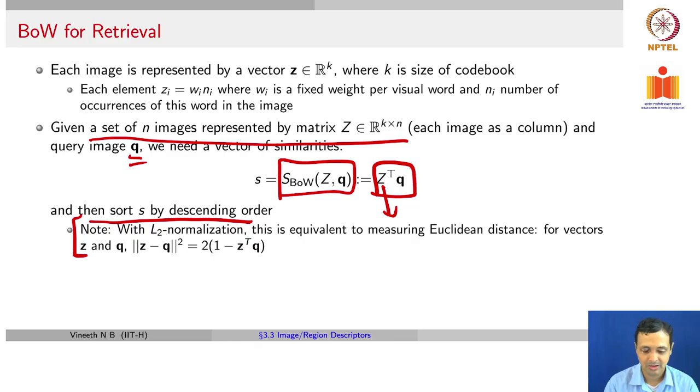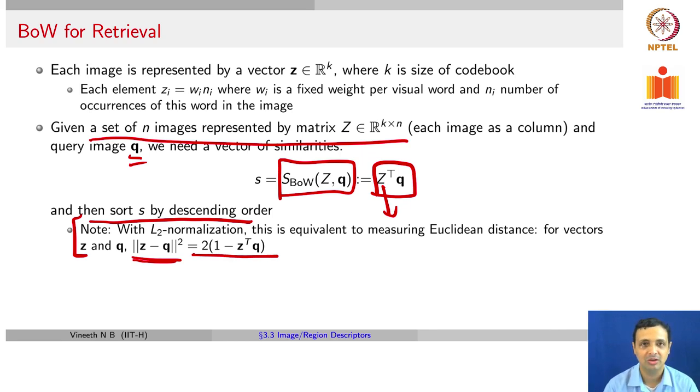Just to point out a more general observation, if you take a dot product, it is similar to measuring Euclidean distance. The similarity that you measure using a dot product or a cosine similarity is complementary to the use of Euclidean distance. Why? Because ||Z minus Q|| squared, the 2-norm, can also be written as 2 into (1 minus Z transpose Q).